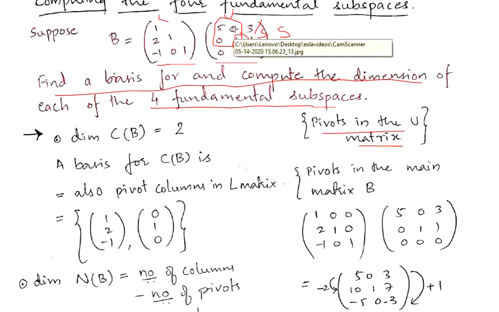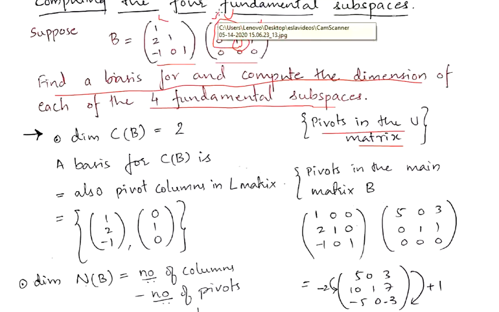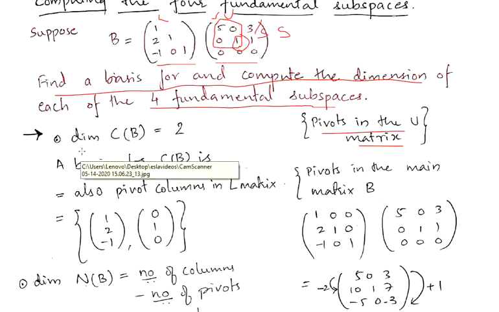This will become 0 by 5, which is 0 again, and this 5 will become 1. So you found that these two are the pivot elements, this one and this one. So the dimension of the column subspace is 2.